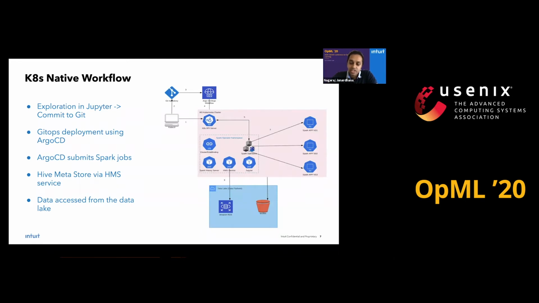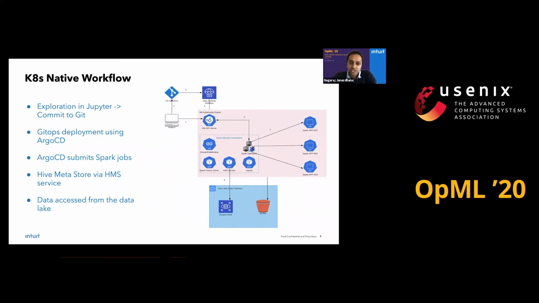Once the data worker is happy with the results of exploration, he commits the code to Git. Then, primarily using the GitOps deployment, this code is pushed to the different environments using either ArgoCD for continuous deployment or the Argo workflows for orchestrating complicated workflows.